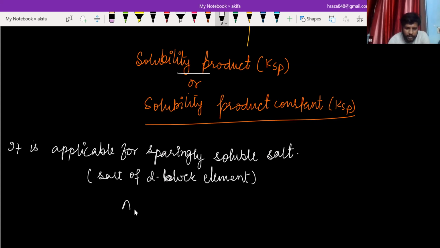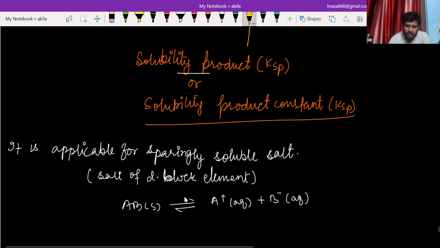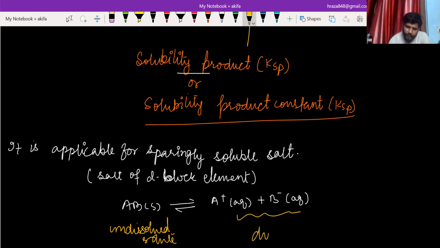Just suppose AB is a salt which is in solid state and it is converting into A plus in aqueous plus B minus in aqueous. So basically this is undissolved solute, and this is dissolved solute.